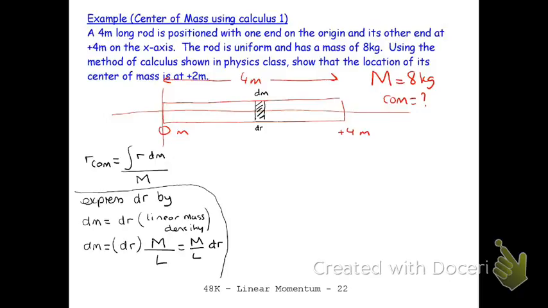And if you rearrange that to get dm, dm is equal to m over L dr. Isn't it the same? The physics is you take the little bit of length and multiply it by the linear mass density. And I want you to learn it that way because later on we're going to do problems where we need the area mass density and some problems where we need the volume mass density. So there's a pattern here.